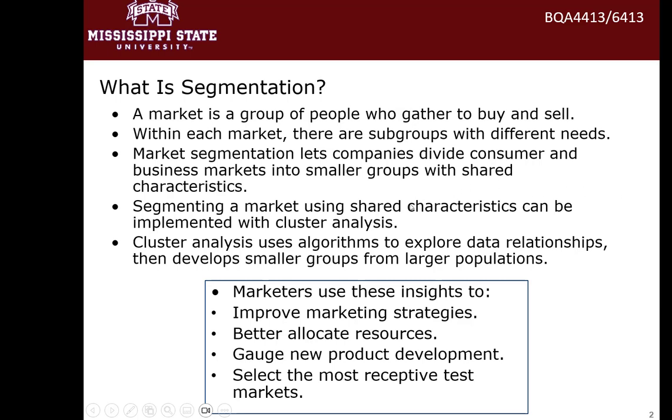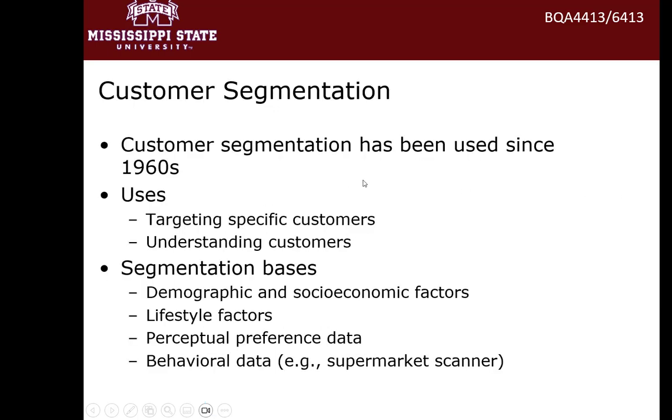So let's move on and talk a little bit about the different types of segmentation. As I said, customer segmentation has been widely used since the 1950s or 60s, since the first use of computers in business. Companies have tried to segment their consumers.